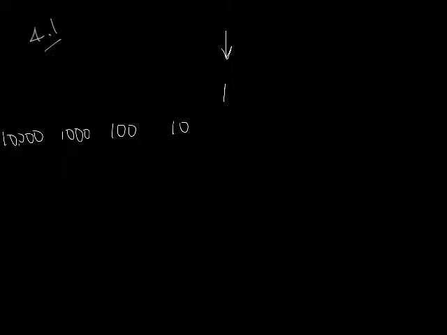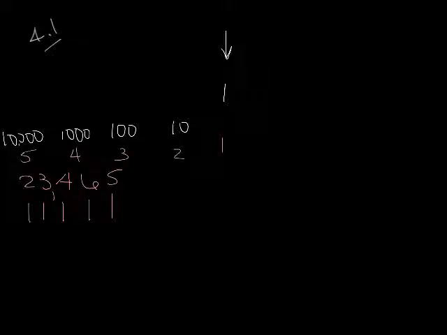So when we have a number that is 1, 2, 3, 4, 5 digits long, it looks like, say, 23,465. So this is our ones position. There's our tens. There's our hundreds. There's our thousands. There's our 10,000s. So we have 5 digits there because we have 1, 2, 3, 4, 5 place values.